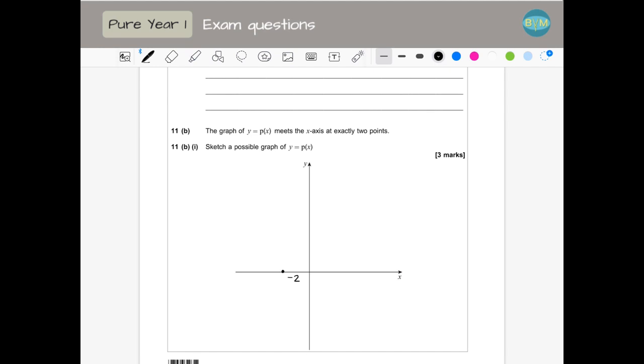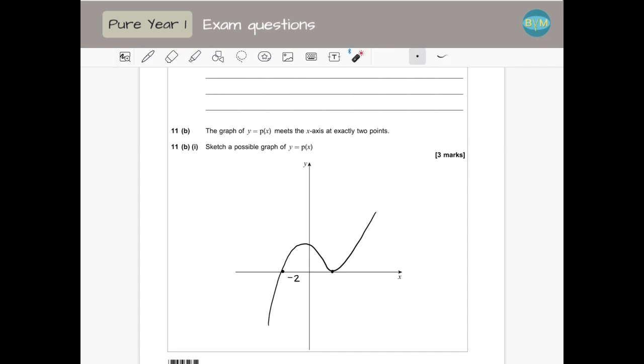Another option, if it cuts at 2 points, means that the other root is going to be double, but we don't know exactly where it is. So let's say it's something like this, where this root is double, but we don't know where it is.